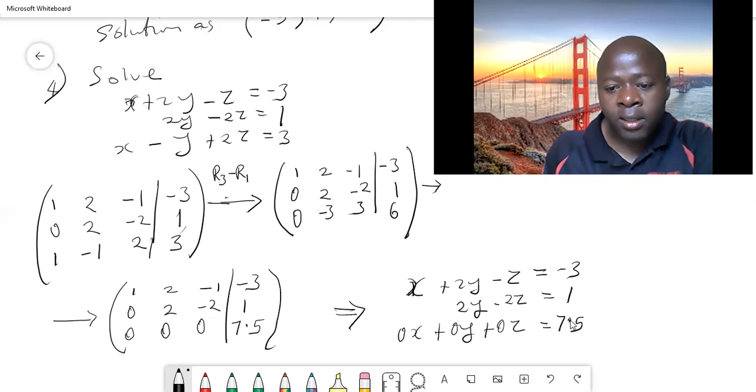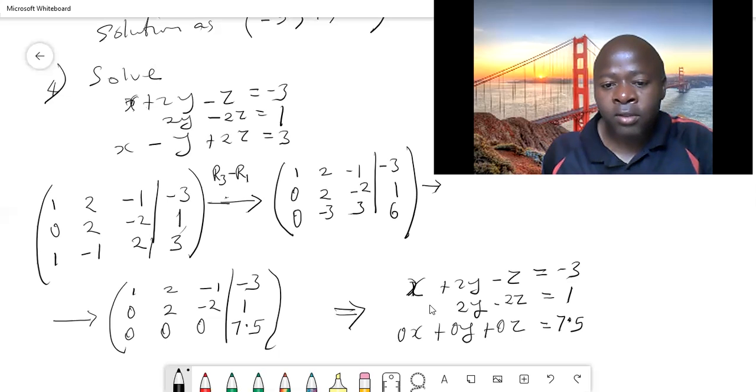But you notice that the one at the bottom, this equation, is impossible. We cannot get values of x, y, and z such that when you multiply them with the zeros, you'd get 7.5, because this will just give you 0. Whatever values you have, the left side will give you 0, so it will not be equal to the right side. So that means this is not possible, and therefore we say that this system has no solutions.